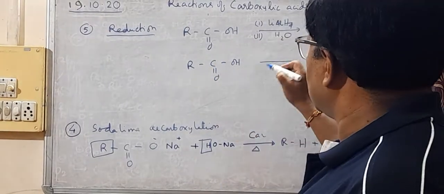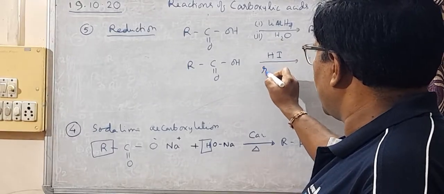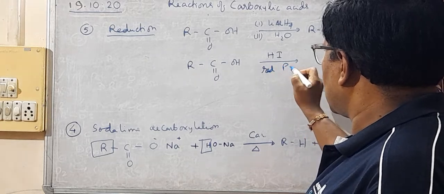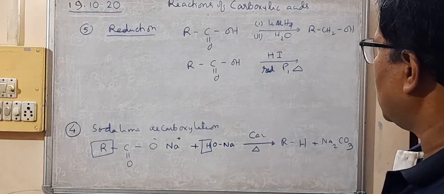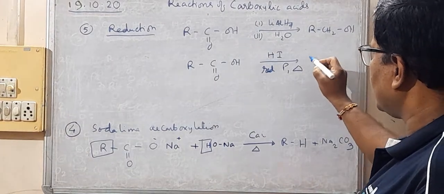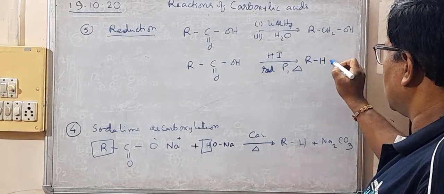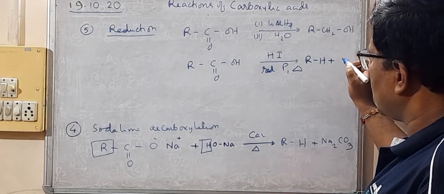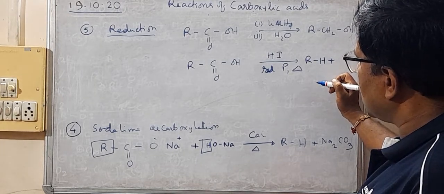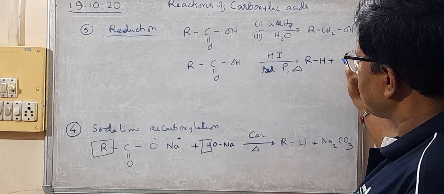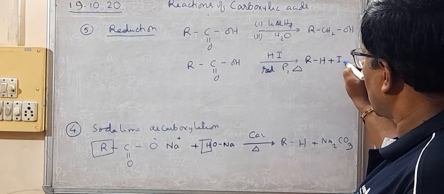If carboxylic acid is treated with HI in presence of red phosphorus, and then heated, we get hydrocarbon, and there is liberation of I2.